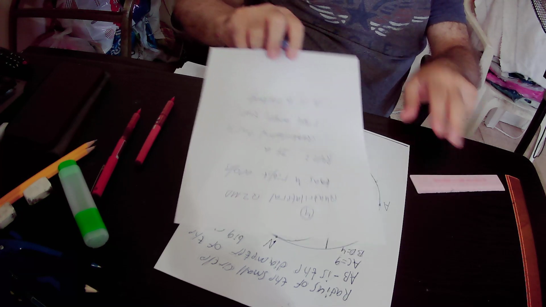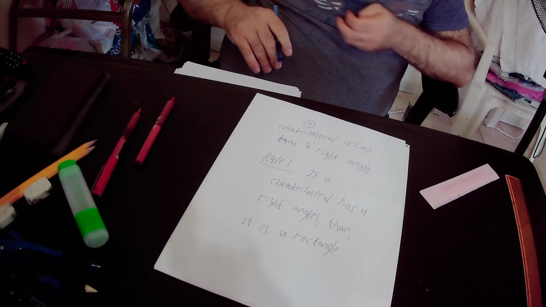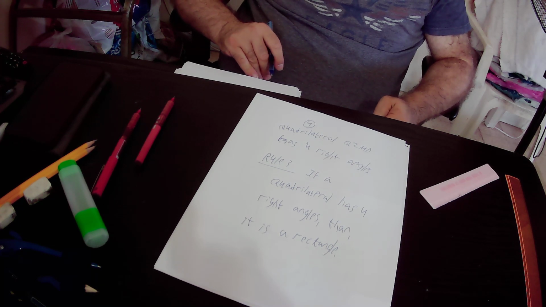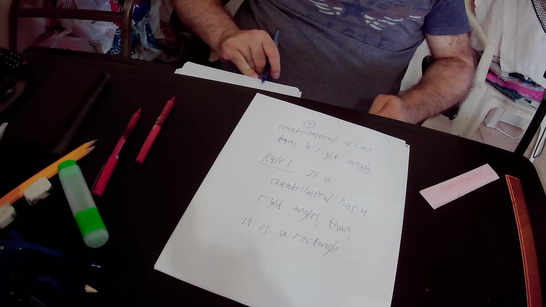So I will read rule number 3 again. According to rule number 3, if a quadrilateral has 4 right angles, then it is a rectangle.